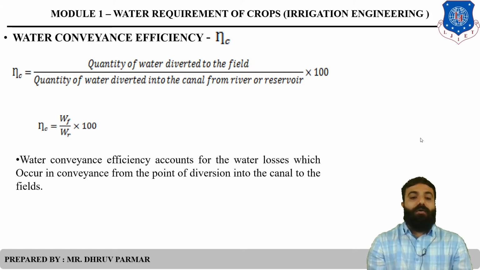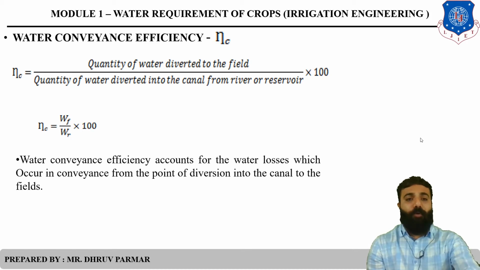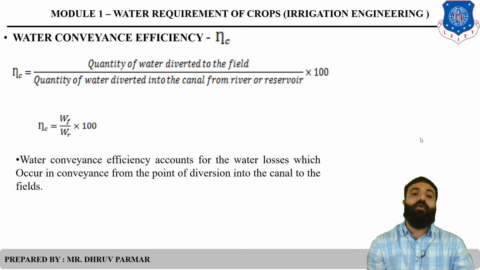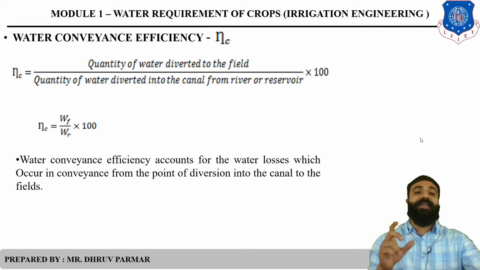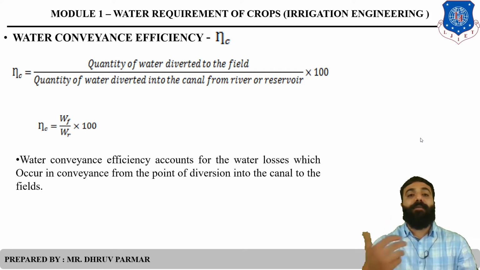So that efficiency is very important to find out losses at a particular point, and where improvement can be made so as to have more efficient irrigation. So it indicates which point we can improve, then we get maximum irrigation efficiency.